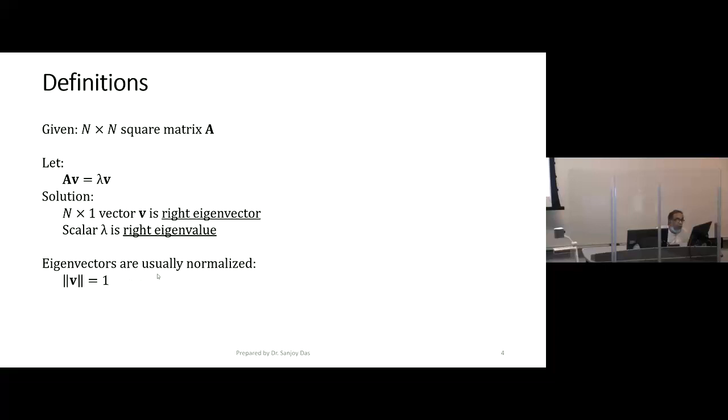Now, usually the eigenvectors are normalized so that the Euclidean norm of the eigenvector is 1. So eigenvectors are normally unit vectors. That's the usual convention, you'll see. And eigenvalues and eigenvectors occur in pairs.